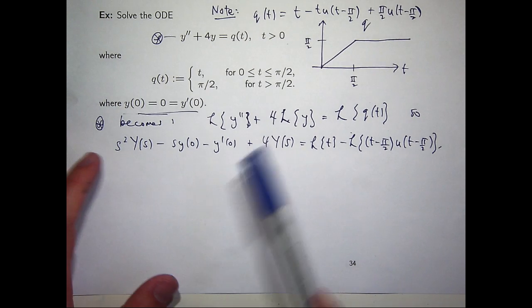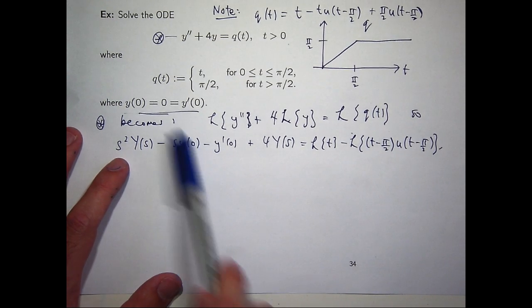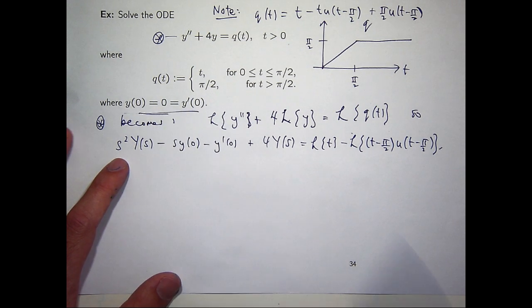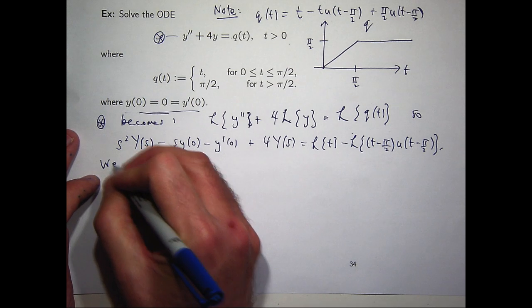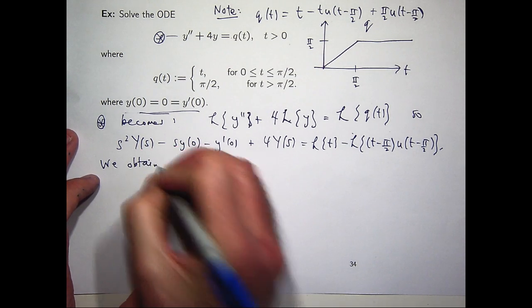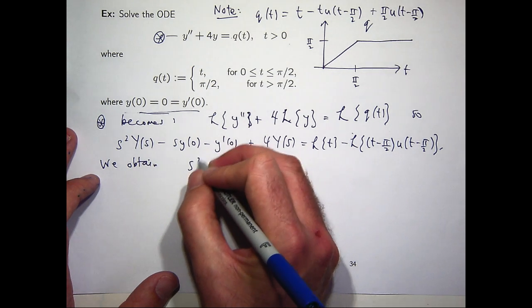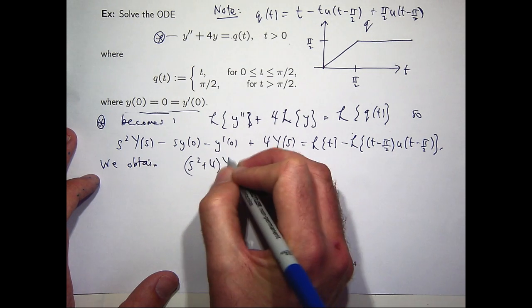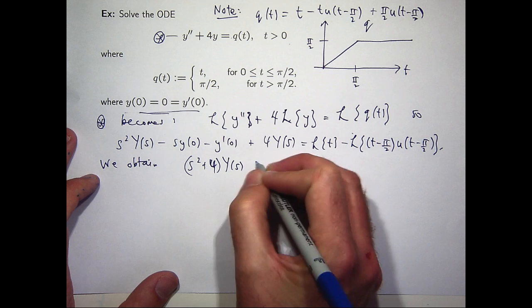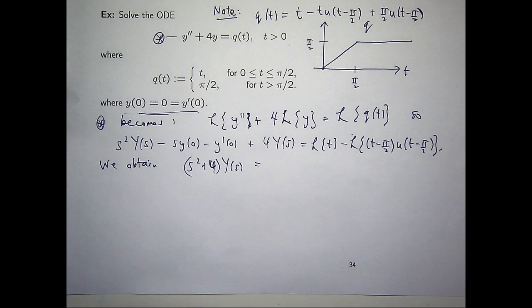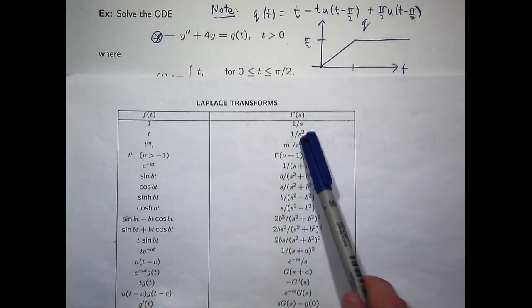All right, well, let's see if we can simplify this. Well, y of 0 is 0, y prime of 0 is also 0. So that's going to be 0, that's going to be 0. I've got a common factor of big Y of S. Now, what's the Laplace transform of little t? Well, it's just 1 on S squared.